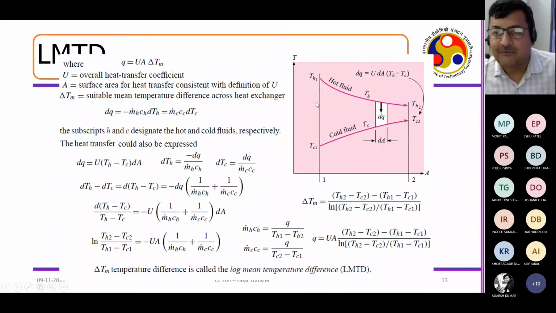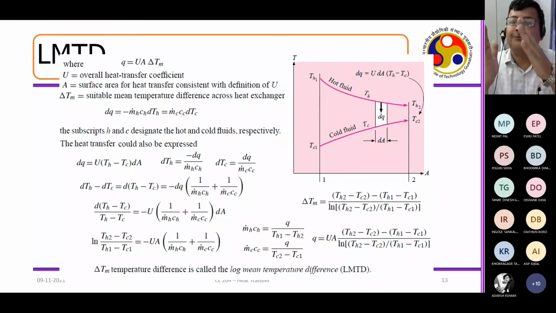This is divided by ln of TH2 minus TC2 by TH1 minus TC1. So when you have a co-flow fluid, the temperature difference at the outlet minus the temperature difference at the inlet, divided by the logarithmic ratio of these two differences, is called the log mean temperature difference, which is the delta Tm, the real representation of the mean temperature across the flow.